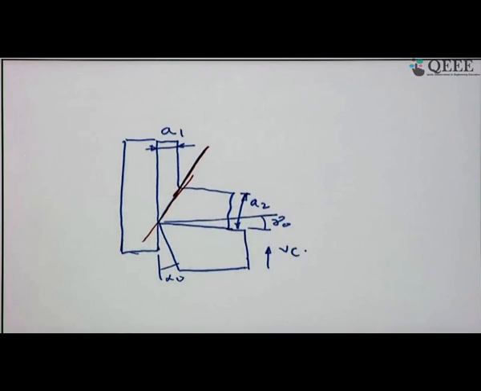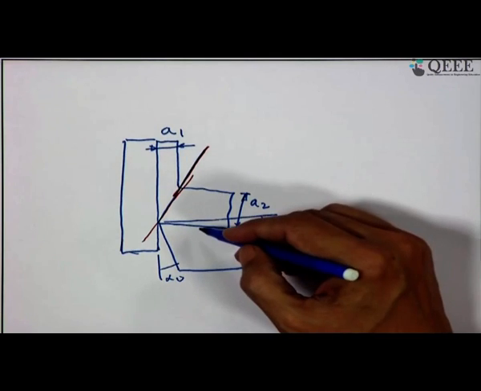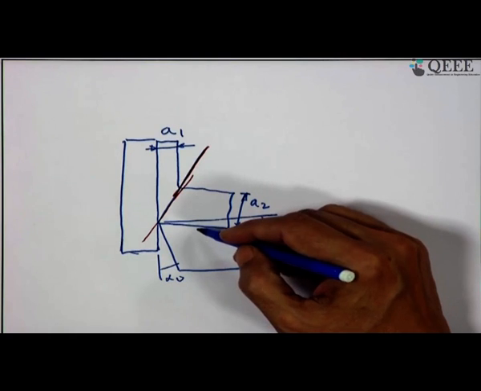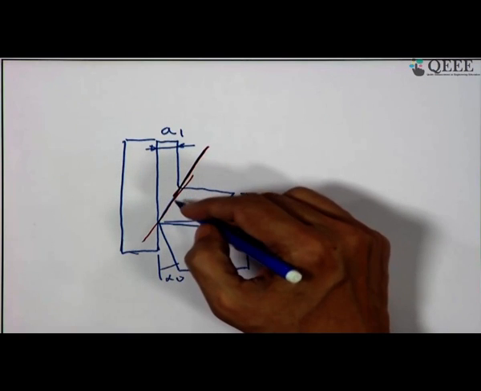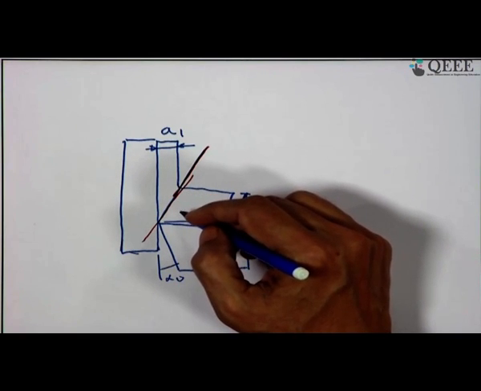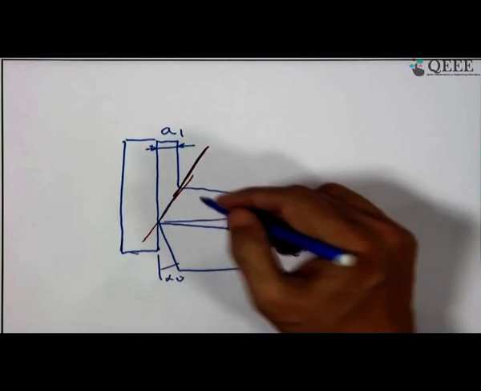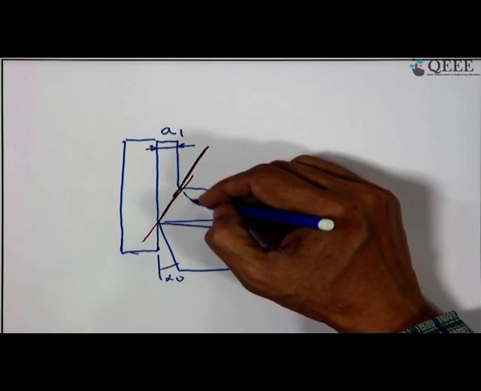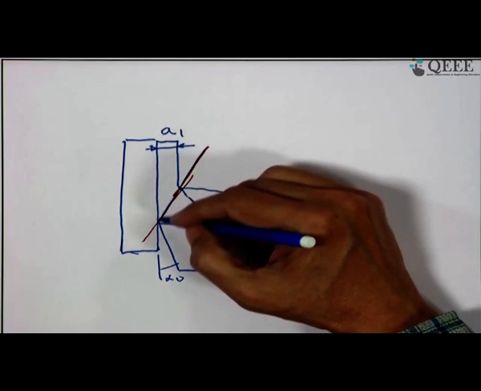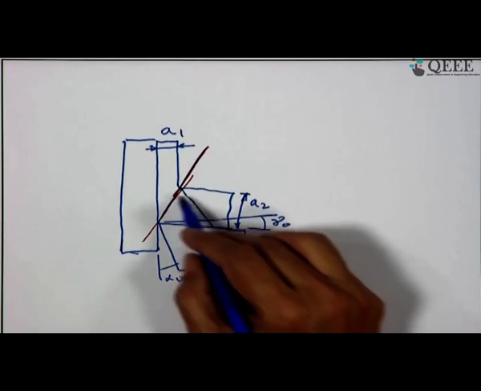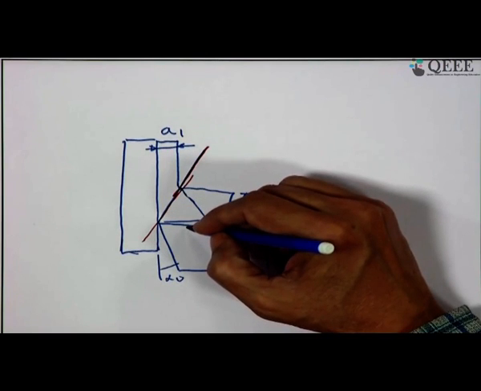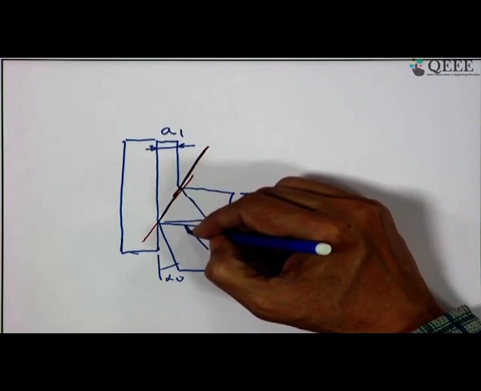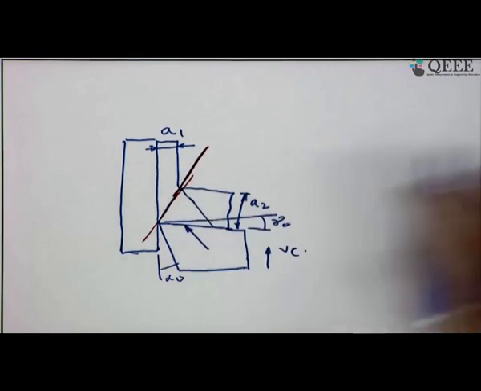Now, here we have the force. We have two sets of force. One is exerted by the cutting tool from the tool side, another is exerted from the job side. Between these the material is undergoing deformation and the force is transmitted through this line. This triangular portion is a rigid material through which the force is transmitted, and here we have the direction which we have shown by the symbol.